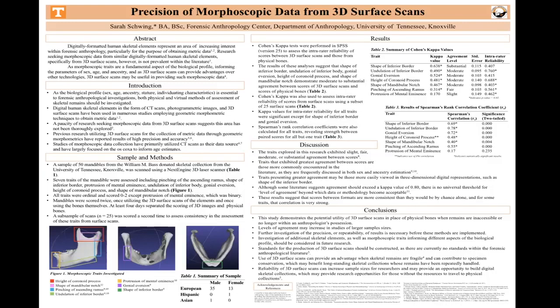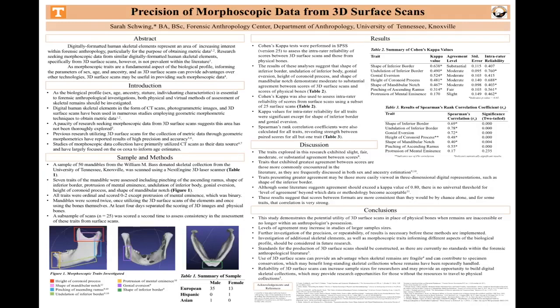To look at this agreement, I used Cohen's kappa, and the results of this test can be seen in the second column in table 2, entitled kappa value. For 6 of the 7 traits, I saw fair to substantial agreement and significant results, which seemed pretty promising.